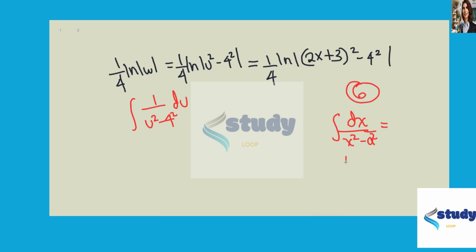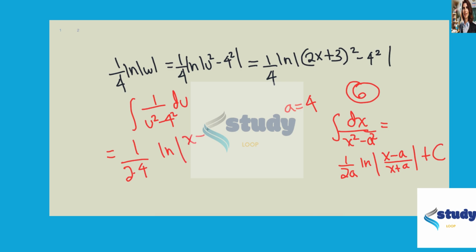Now this is just 1 over 2a natural log of x minus a over x plus a, and then there will be our constant c. In our problem, we see a is equal to 4. So we have 1 over 2 times 4 natural log of x minus 4 over x plus 4.